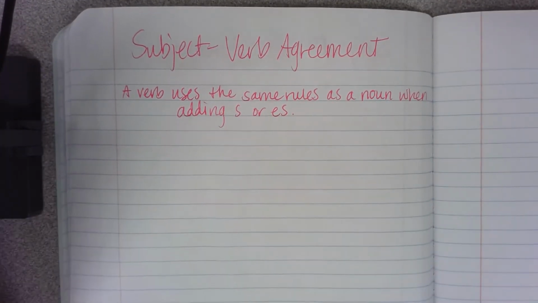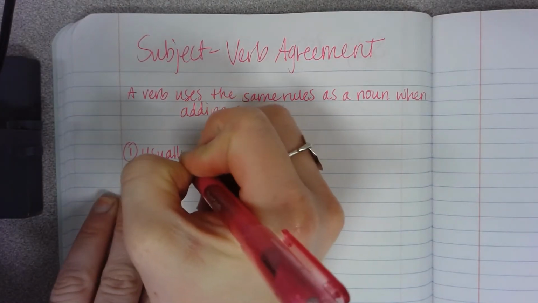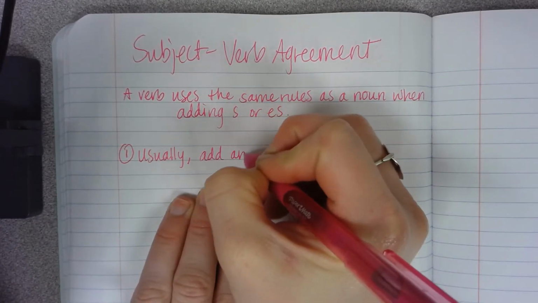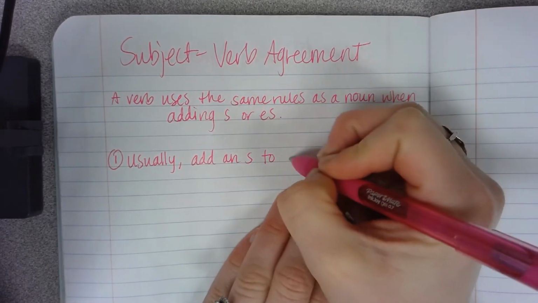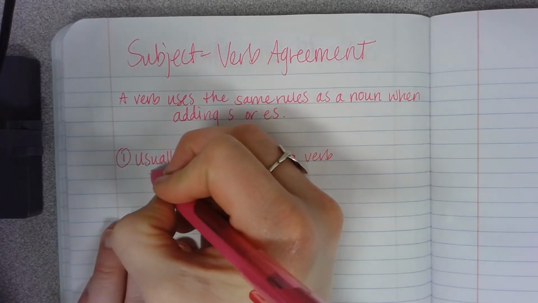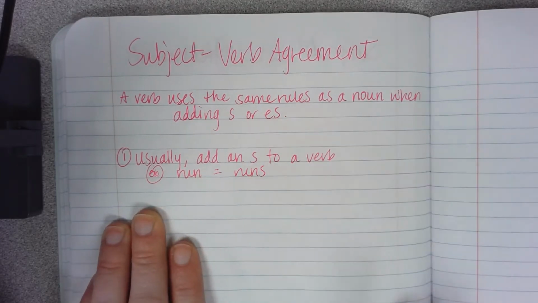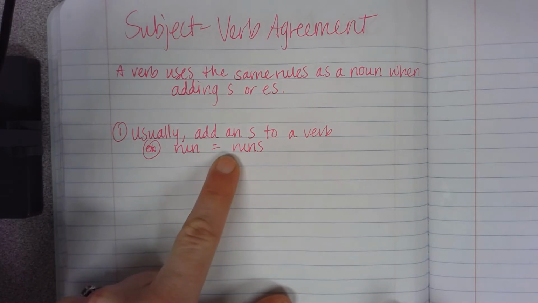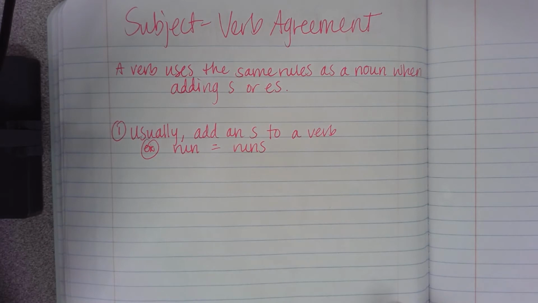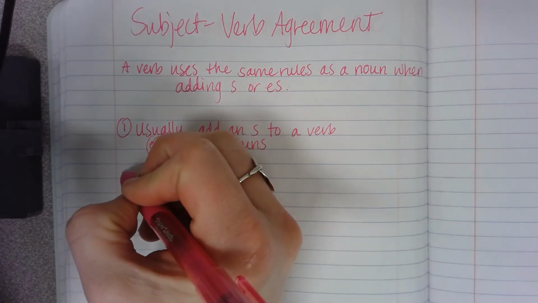So first one, usually for most of the verbs, you just add an S to the end. Let's do an example, run equals runs. So run, R-U-N, equals runs. So usually most of the verbs, the majority of the verbs that you will come across, you just add an S to it, and that's what makes it agree with a singular subject or singular noun.